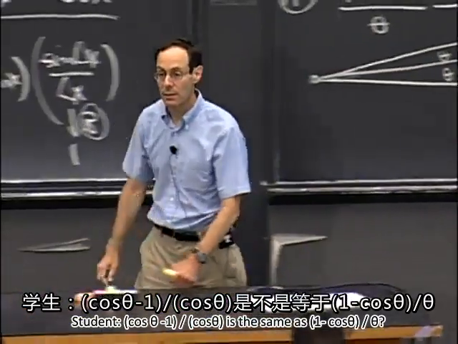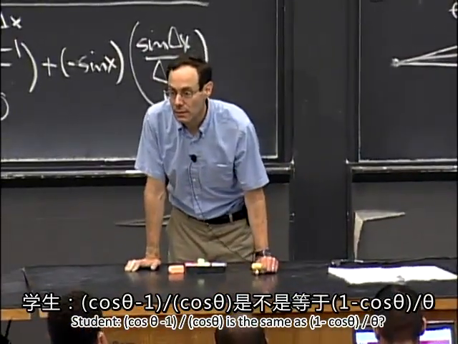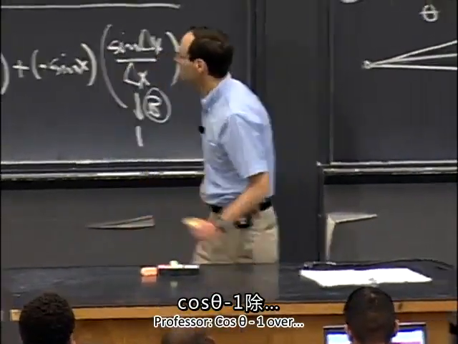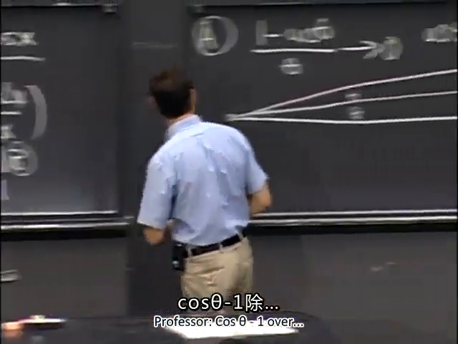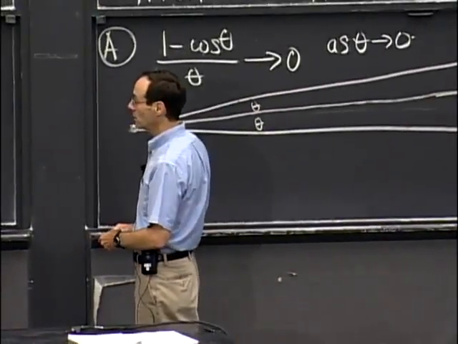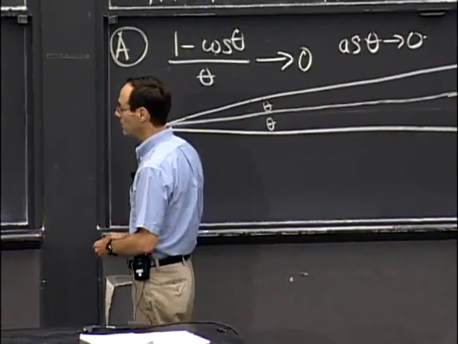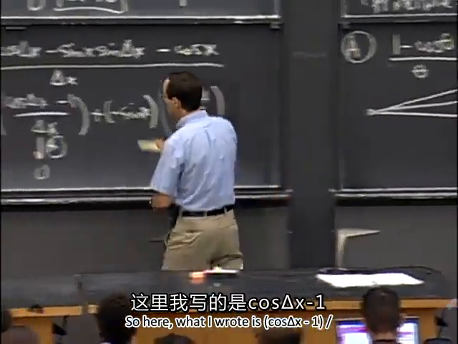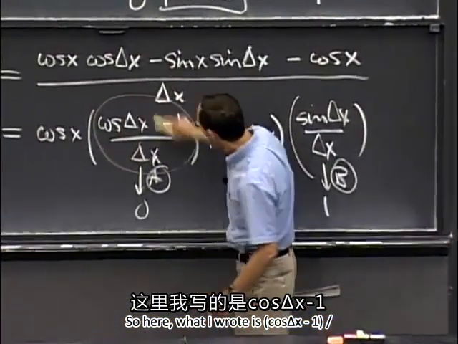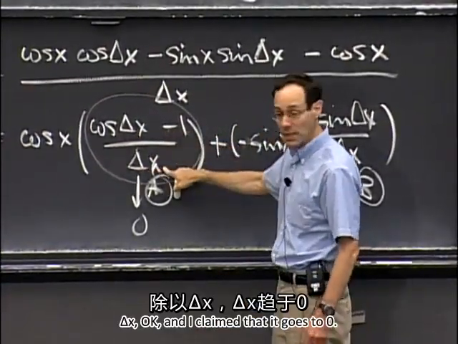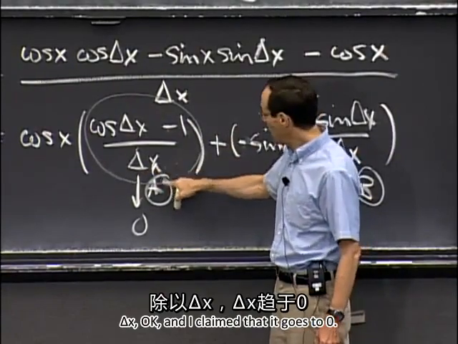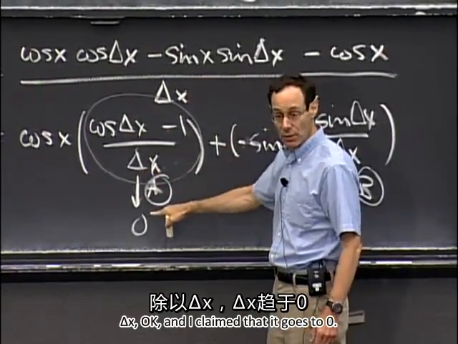Another question. Is cos theta minus 1 over theta the same as 1 minus cos theta over theta? The equation that you wrote beside here. So here, what I wrote is cosine delta x minus 1 divided by delta x. Okay? And I claim that it goes to 0.